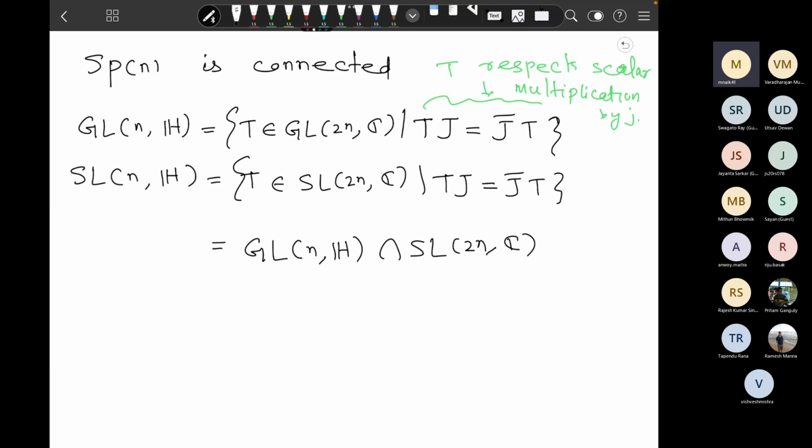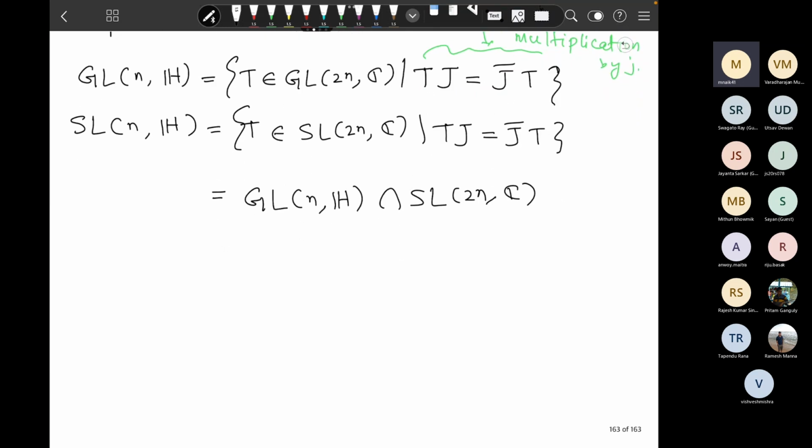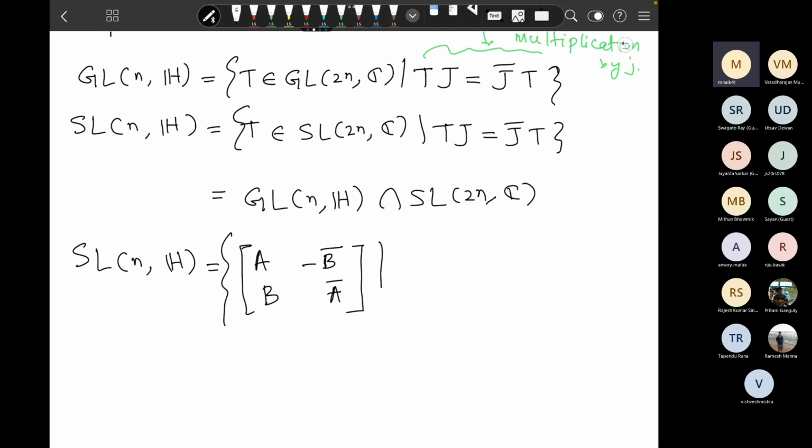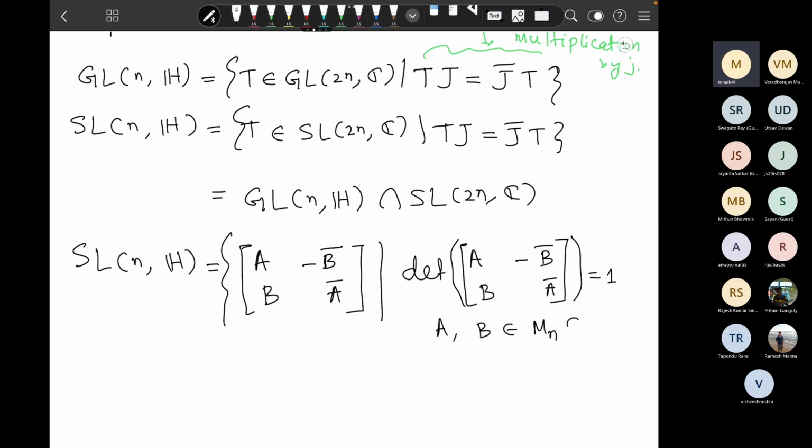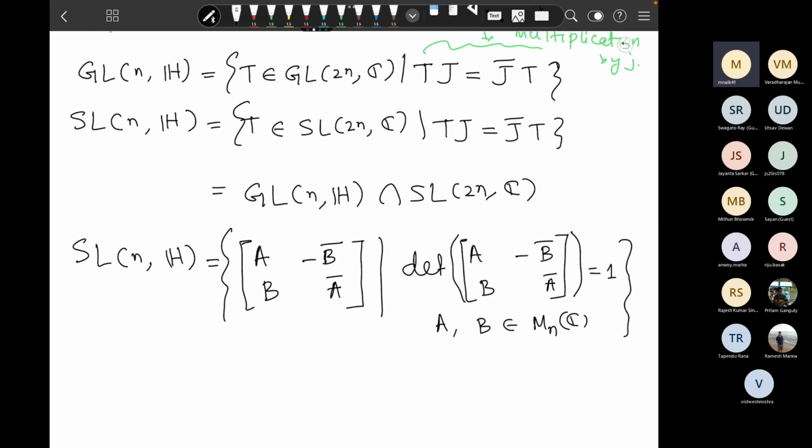Now SLNH you can also write like this: AB minus B bar A bar, so that the determinant of AB minus B bar A bar is equal to 1, and A, B belong to MN(C).